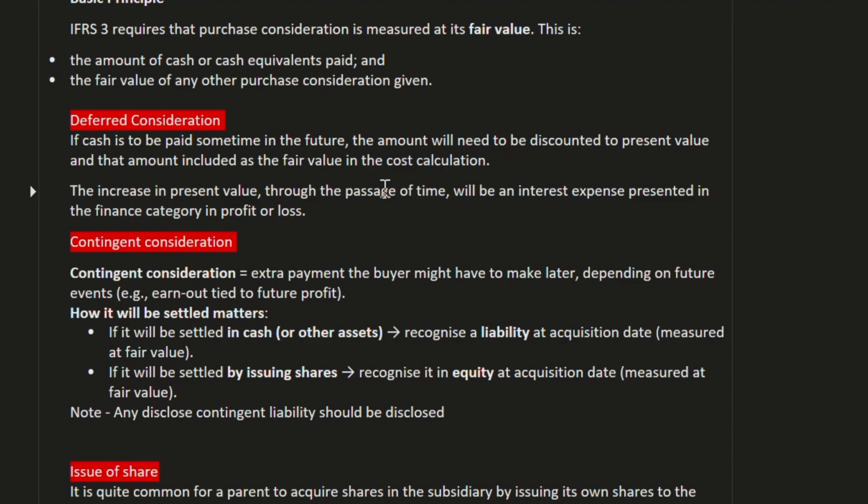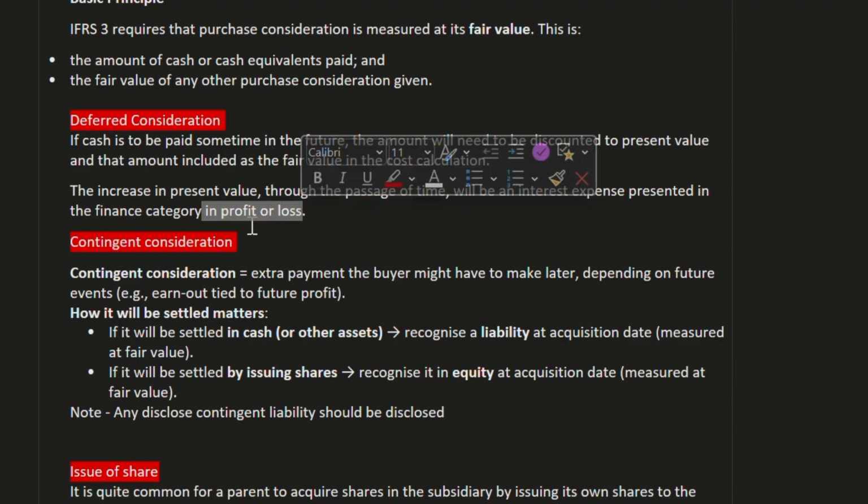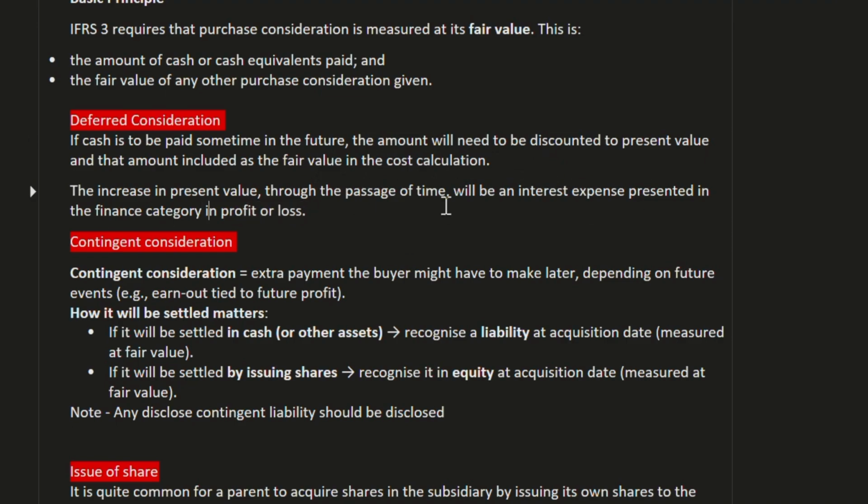The increase in present value through the passage of time will be an interest expense presented in the financing category in profit or loss, as we have IFRS 18 new format of P&L.